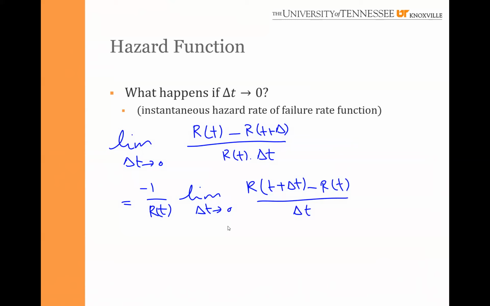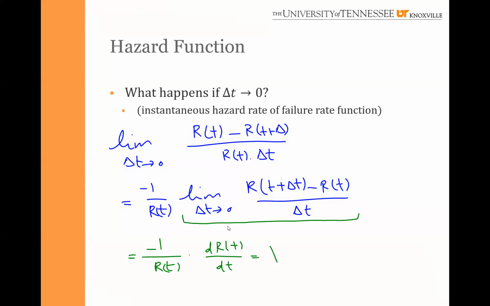What I did was take a minus 1 over R(t) out, and then I'm left with this equation over here. What is the equation that I've underlined in green? Derivative of R(t), right? So this is minus 1 over R(t) times dR(t)/dt. That's it. This is my hazard function.